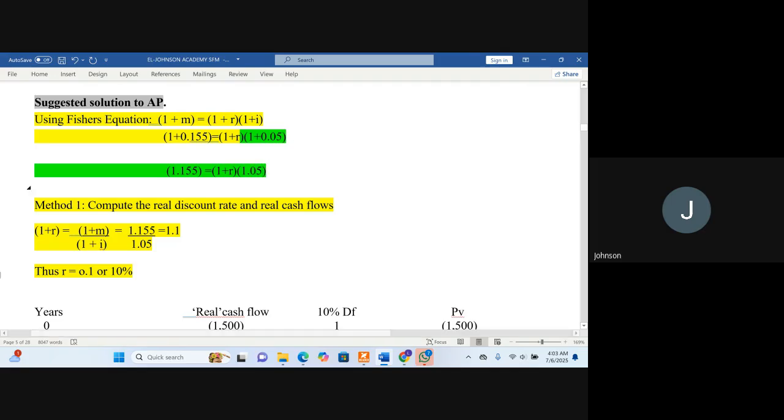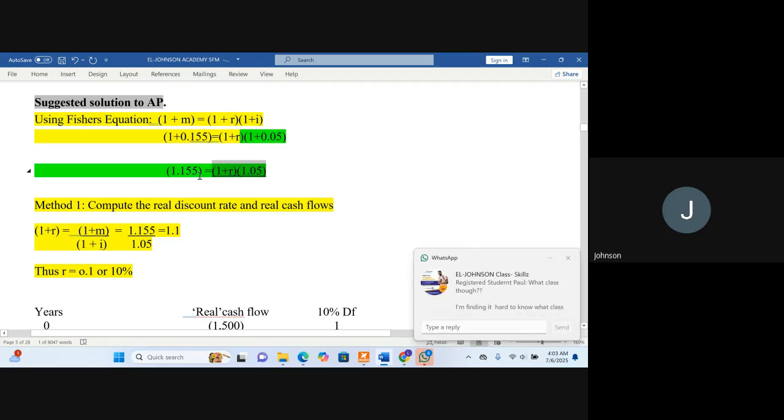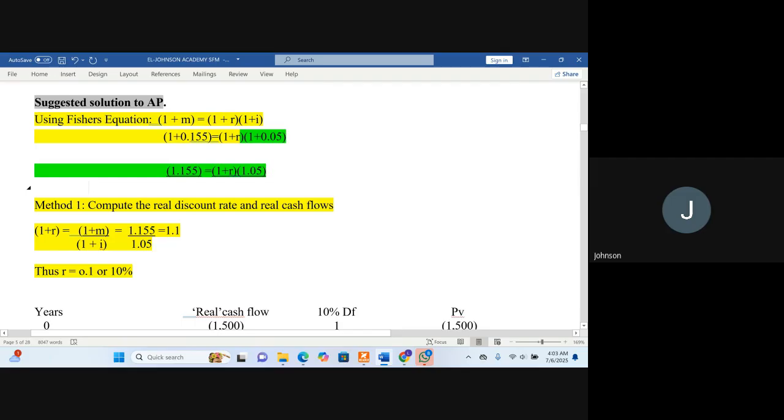Then we divide both sides by 1.05 to make R stay alone and to be able to get what R really is. So we now divide both sides by this.